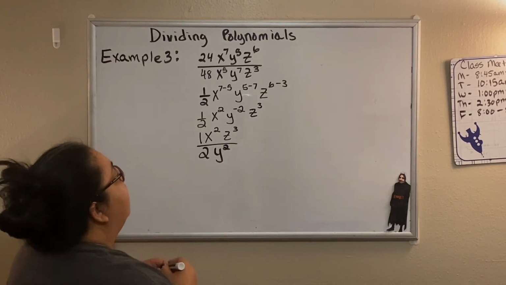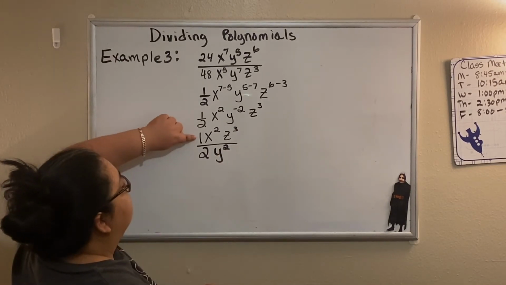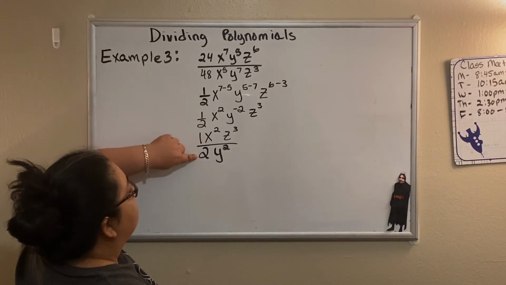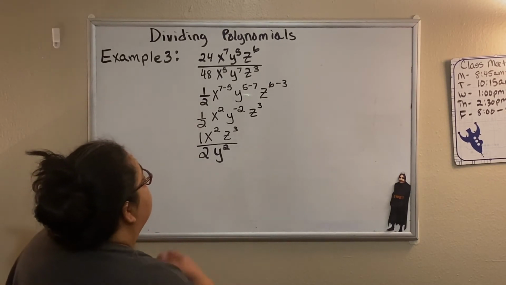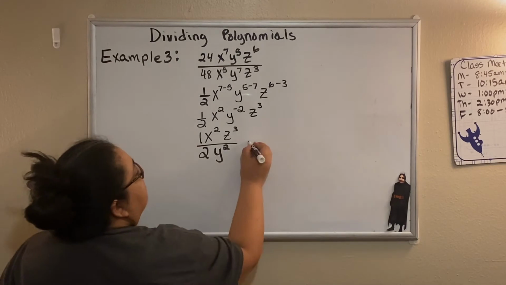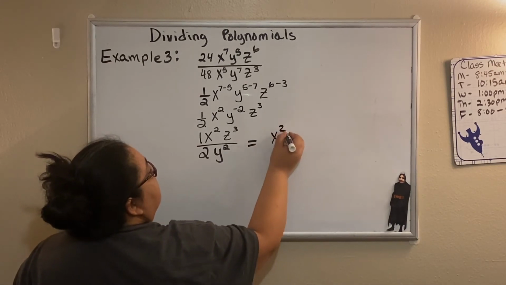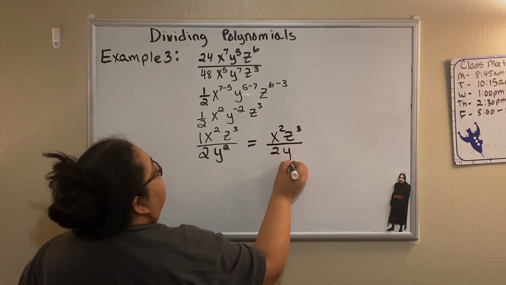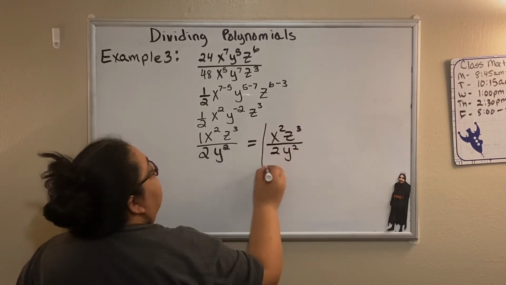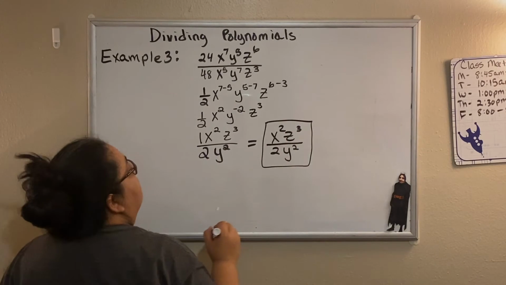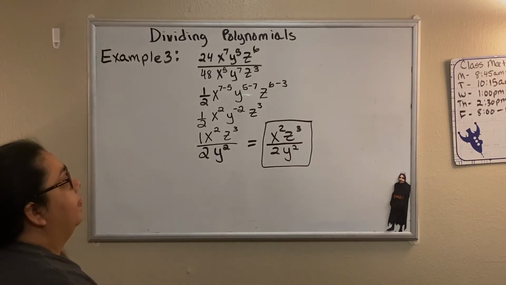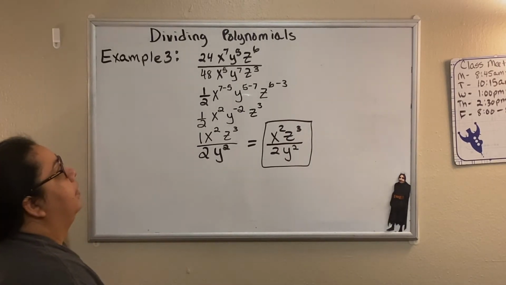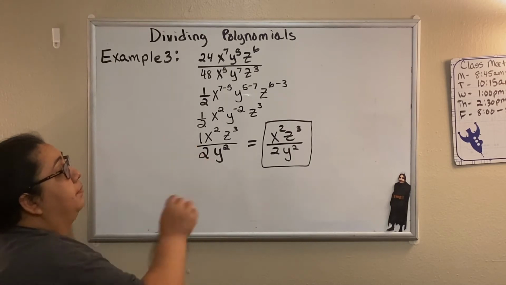So now I have a monomial in the numerator and a monomial in the denominator. Now I don't need this 1, so I can just simplify this as x to the 2nd, z to the 3rd, over 2, y to the 2nd. And that is my solution. Okay. All right, so go ahead and pause the video here if you need to write anything down.